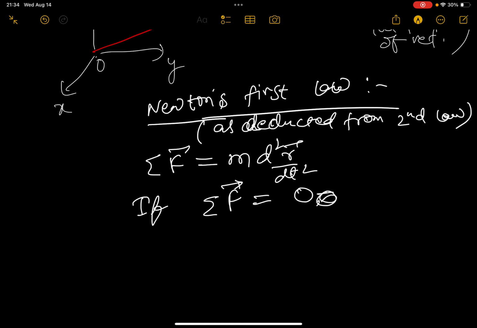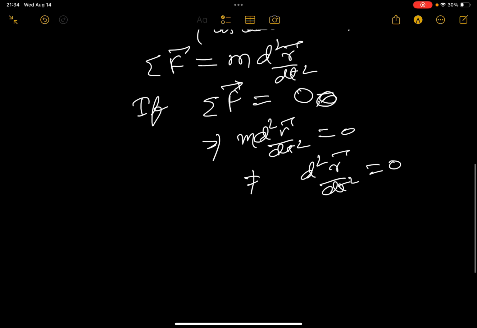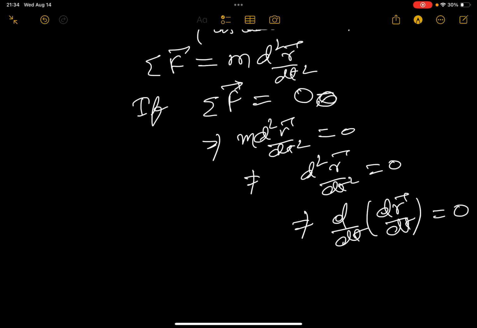so what will happen? Then m d2r by dt square will be 0. This implies that d2r by dt square is equal to 0. This means that d by dt of dr by dt equals 0.